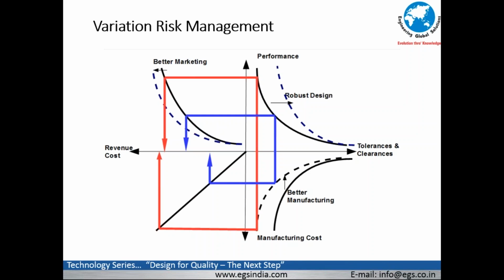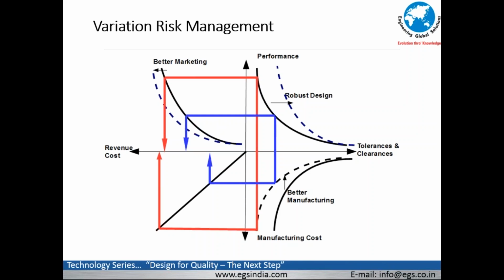So the difference between the revenue and the cost is actually decided by the robust design practices, which stem from the performance arising out of tolerances that are provided in the drawings, the clearances that are achieved in manufacturing, and the manufacturing cost processes and cost itself.